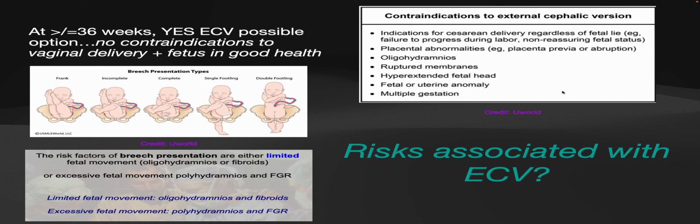And then also placental abruption, when the placenta has basically been removed partially from its attachment in the endometrium. Both of these situations are times when we avoid the ECV. Oligohydramnios as well. If you have low amniotic fluid, we're unlikely to perform an ECV.